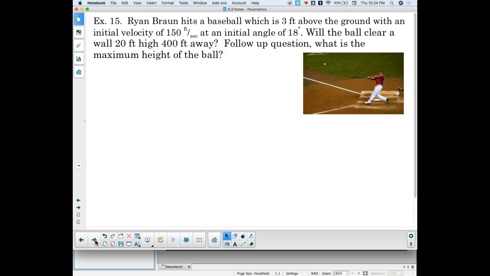Alright, so let's do this. Let's come up with a parametric equation for the ball. We're going to have to come up with two parametric equations: one for the ball, one for the wall.